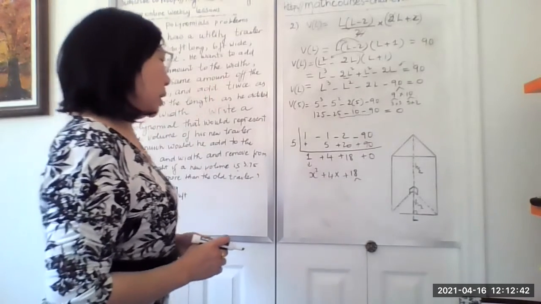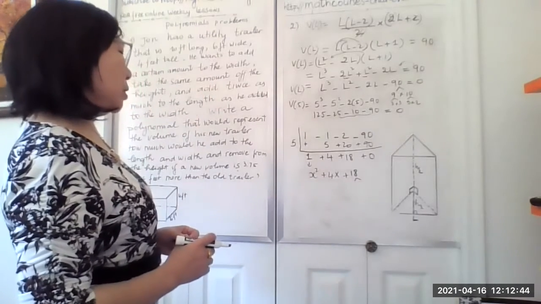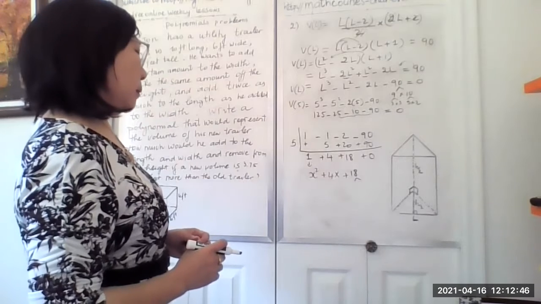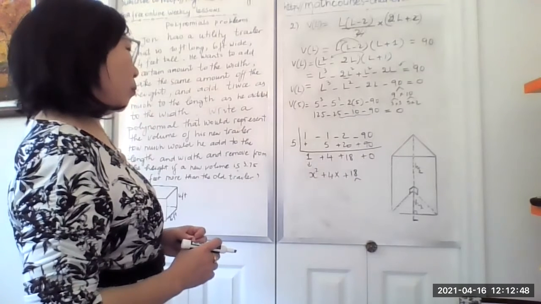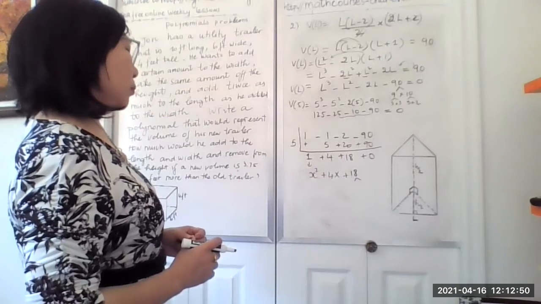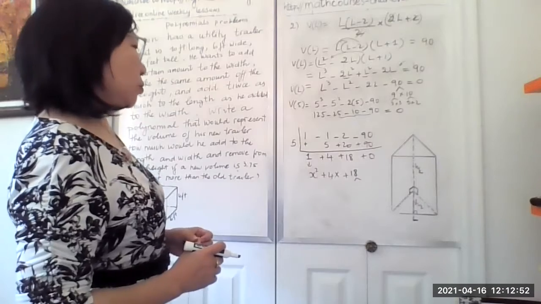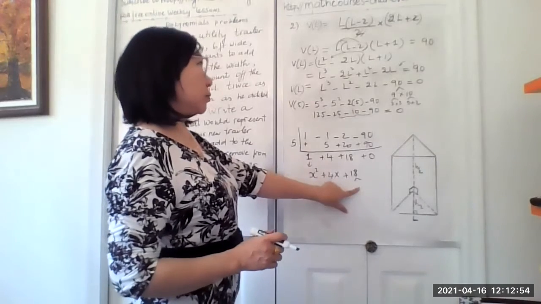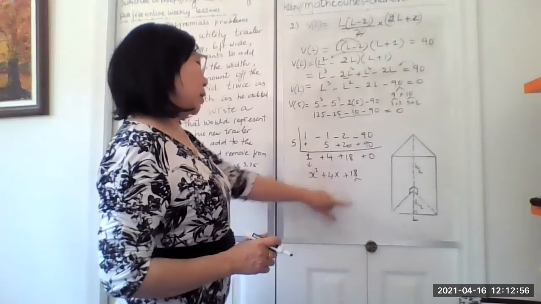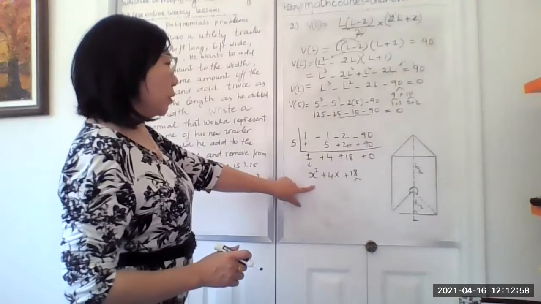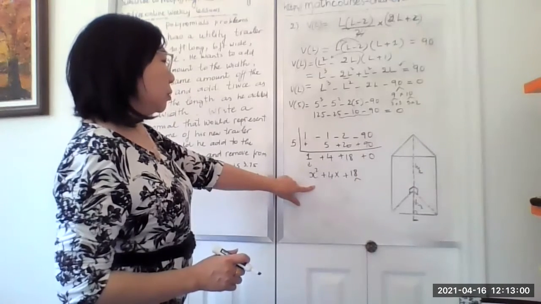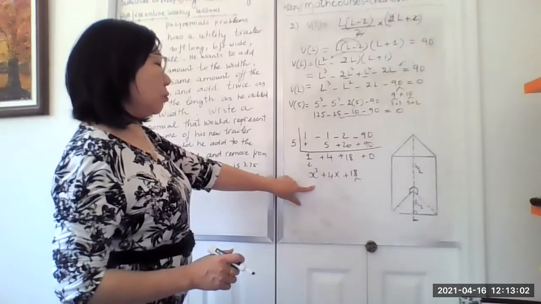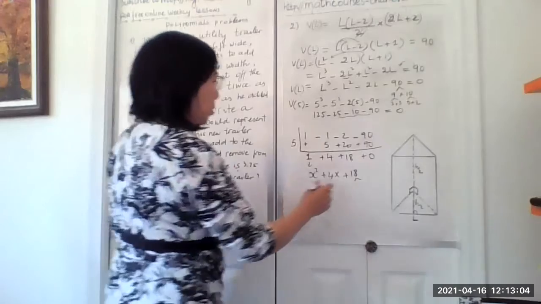So what about 9 times 2? It doesn't work either. So at this point, we have to use the quadratic formula to solve this problem.